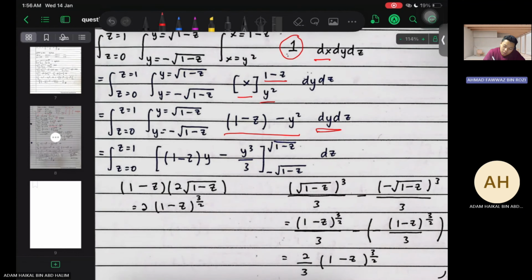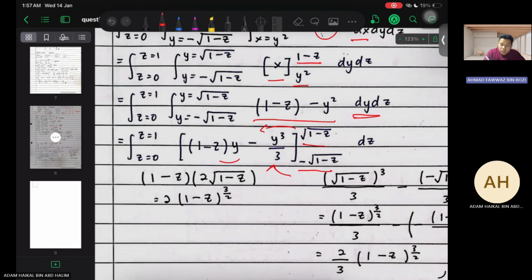Integrating 1 minus z gives just y, and integrating y squared gives y cubed over 3, and we must put both limits into y.